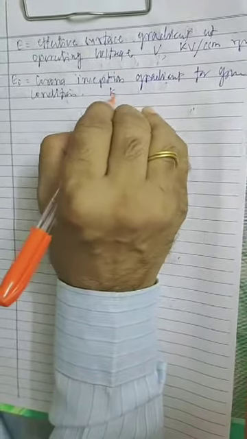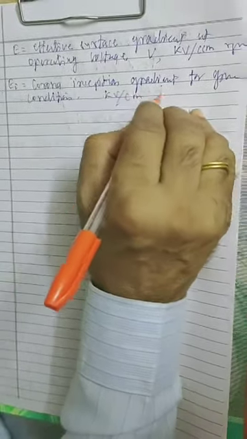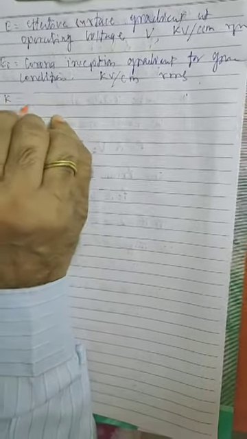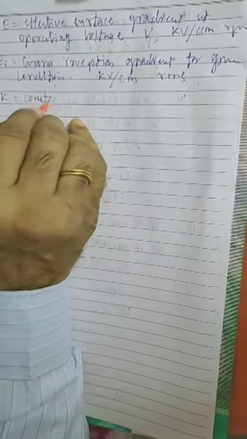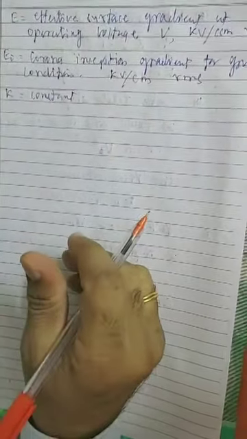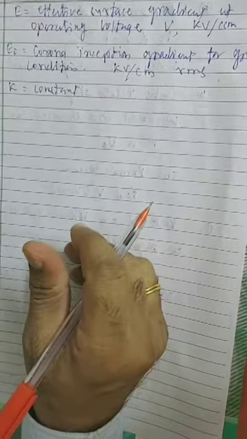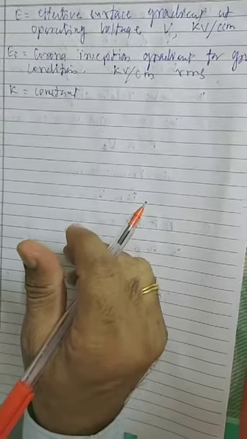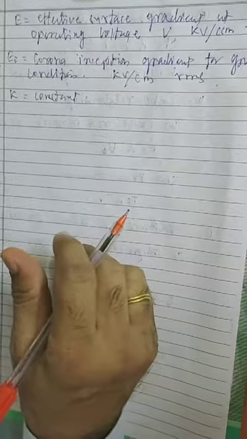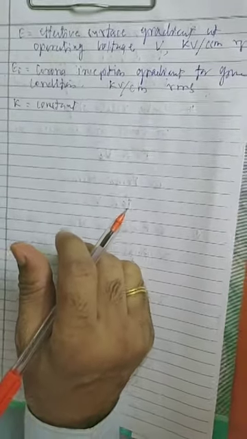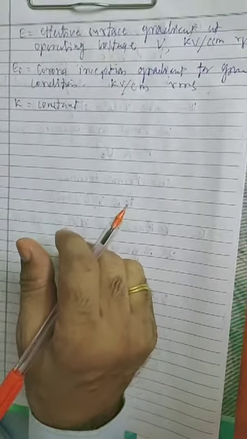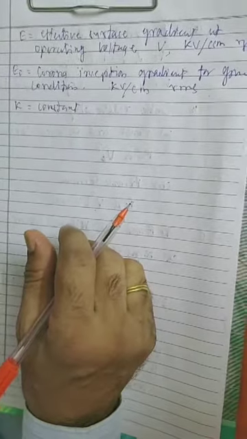This is also in kV per centimeter, kV in RMS, not peak. And K is a constant depending on the weather condition and the conductor surface condition, whether the conductor is rough or smooth.